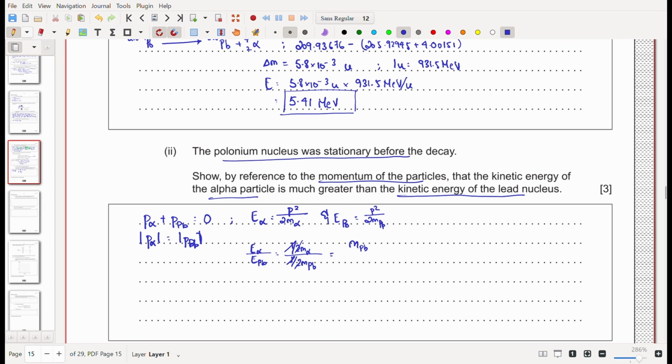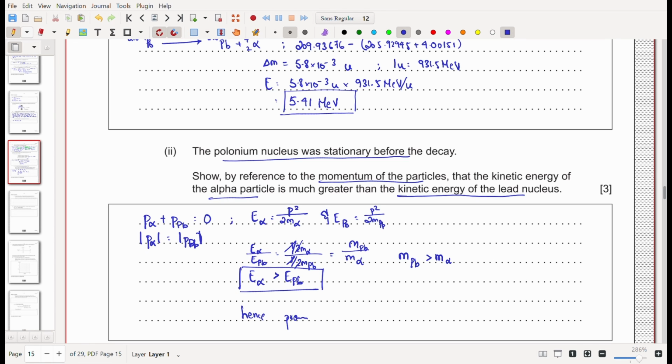So mass of lead nucleus divided by mass of alpha is equal to energy of alpha divided by energy of lead. And since the mass of the lead nucleus is greater than the mass of the alpha particle, this means that the energy of the alpha particle is greater than the energy of the lead nucleus. That's it.